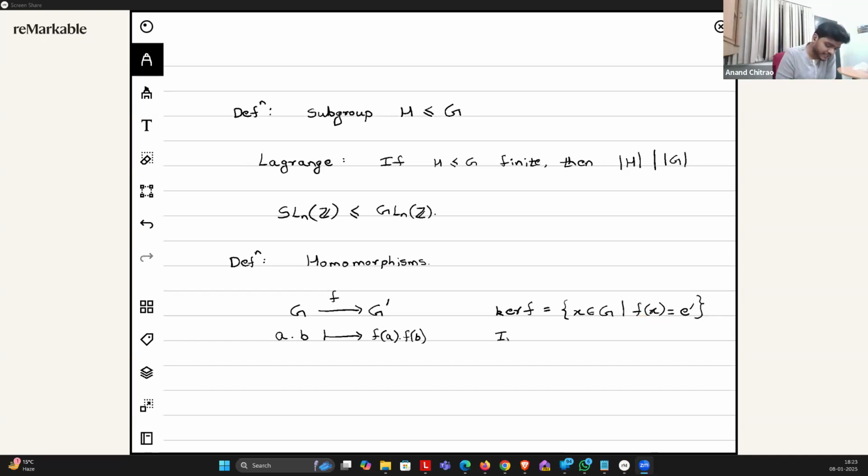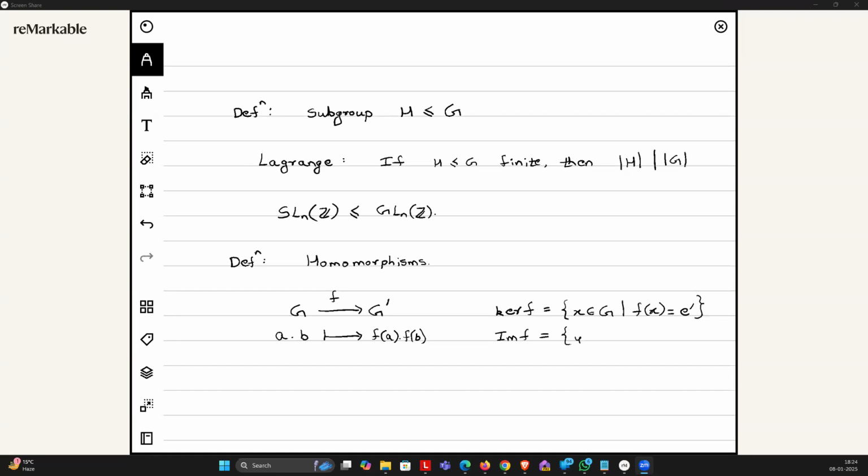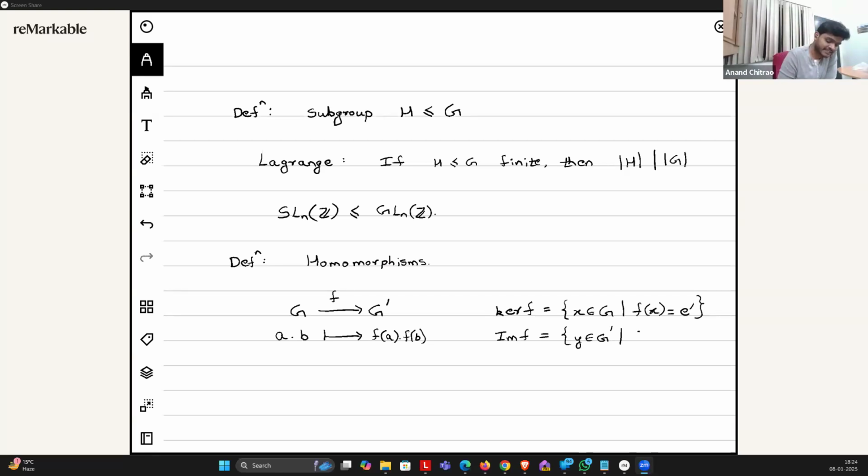Next, what is the image of f? It's the set of y in G prime such that f of x equals y. Yeah, y belongs to G prime such that, we are mathematicians, we need to be extremely precise. We should say y in G prime such that there exists an x in G such that y equals f of x, right?